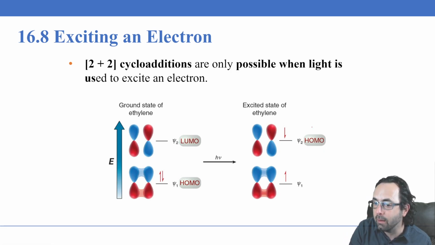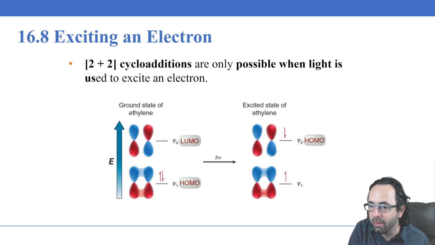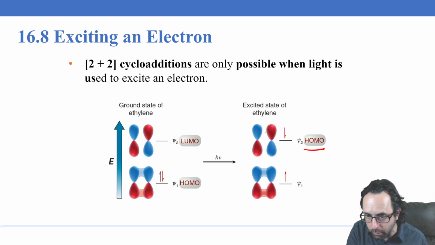And now we can see for this excited ethylene, the HOMO can interact with the LUMO. We can have an overlap of these orbitals because they're both opposed on both of them. And so we can induce the reaction to occur.